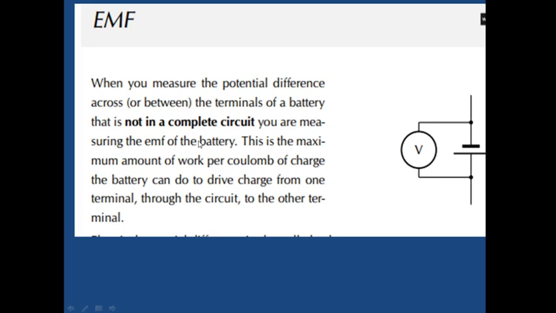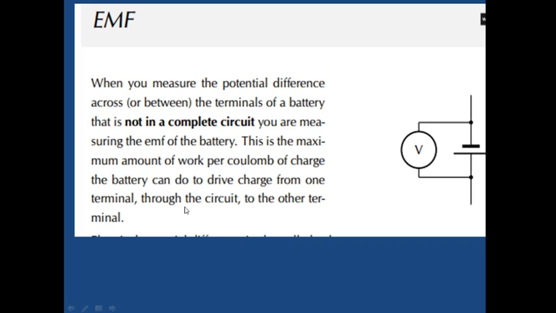Now when we're trying to measure an EMF, what we are trying to achieve is to know the maximum amount of work per coulomb of charge a battery can do to drive charge from one terminal of the circuit through the circuit to the other terminal. Because remember, we said this battery is the one which is going to push the charges so that they move through the electric circuit.